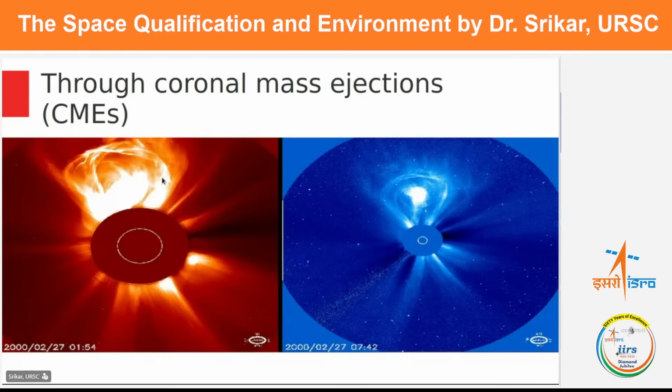When it happens, these emissions can reach into the heliosphere and pass through the planetary atmospheres, and can disrupt the geomagnetospheres or planetary magnetospheres if they are present.